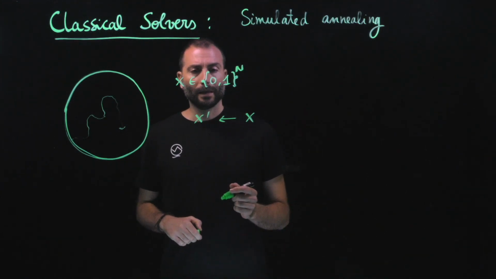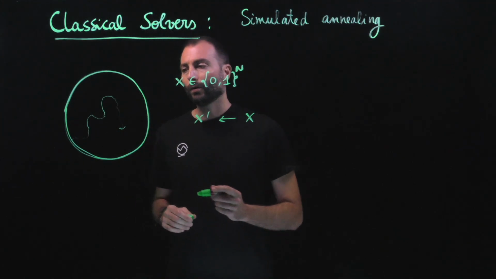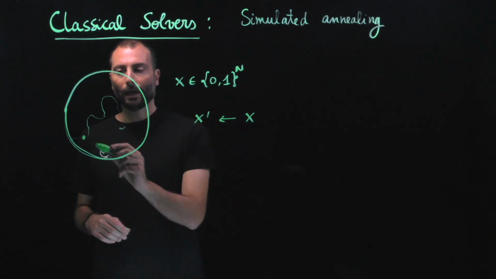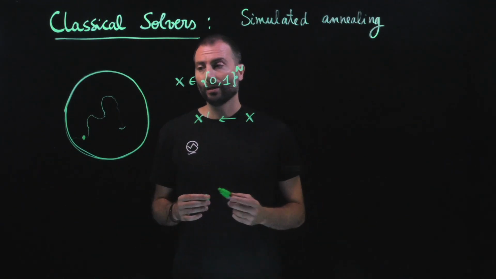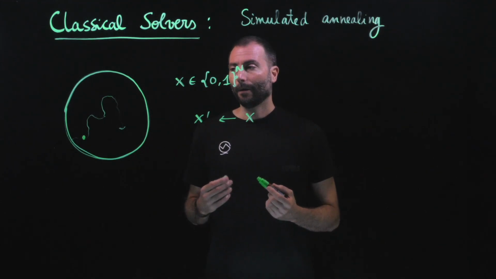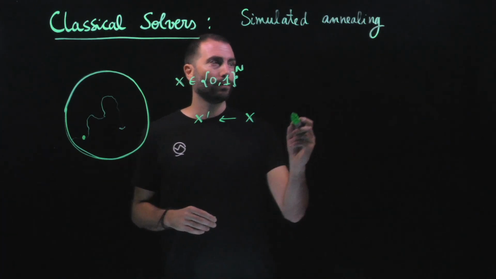So the first step is that we propose a change. We are at some point in our space of solutions, we propose a change, and the acceptance or rejection of this change will depend on how favorable it is for the system energetically speaking. So we have a cost function.